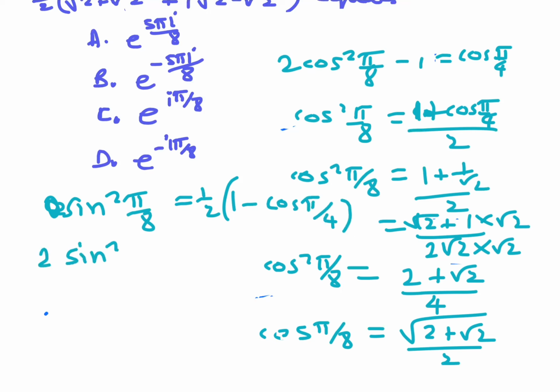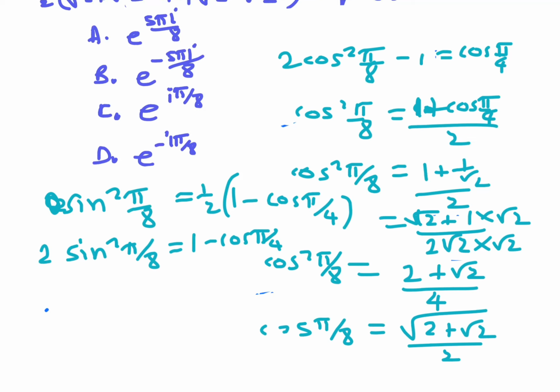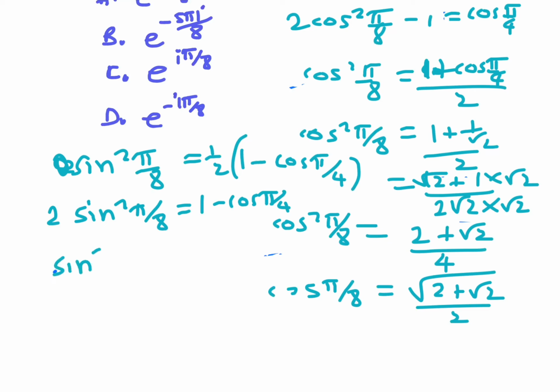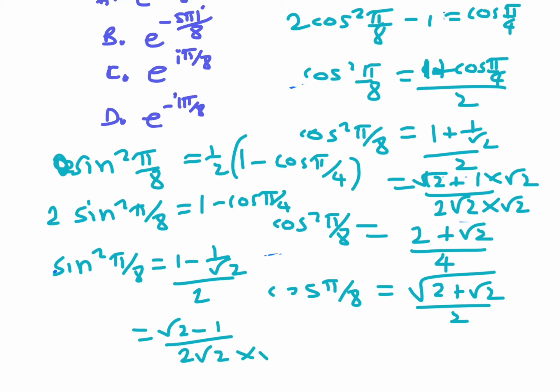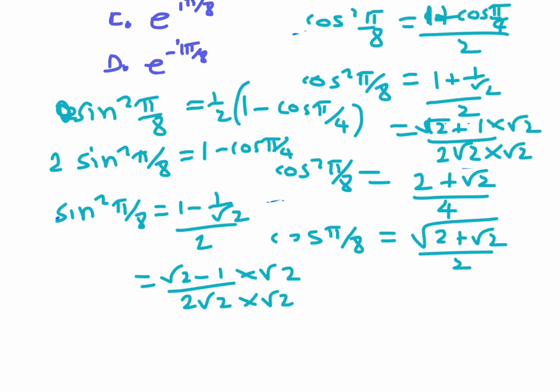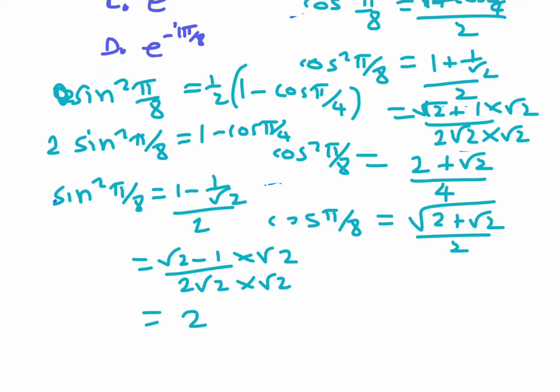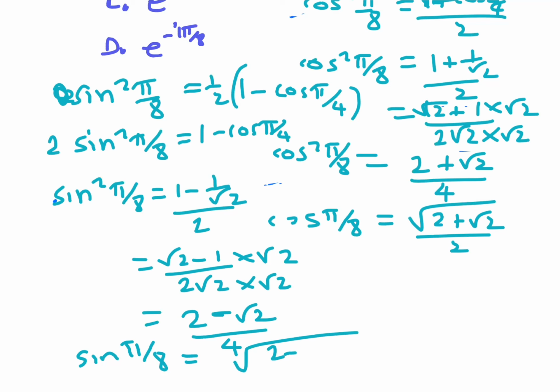So that's going to be 2 sine squared pi on 8 equals 1 minus cos pi on 4. So sine squared pi on 8 equals 1 minus 1 on root 2, on 2, which is root 2 minus 1 on 2 root 2. If you realise that, you will get 2 minus root 2 over 4. And then to get sine pi on 8, you square root it: the square root of 2 minus root 2, on 2.